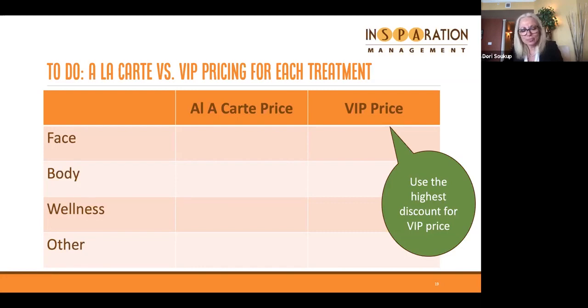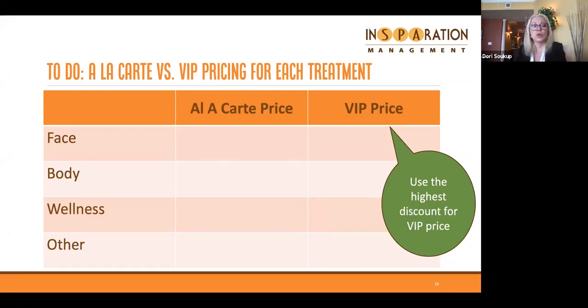Okay. What I would recommend you do with this Excel spreadsheet is pull out of your software all the treatments, pull the pricing that you have. This way you don't have to sit and start from scratch and type them all up. I'm sure you can export all this information. And then we want to apply 20% off.